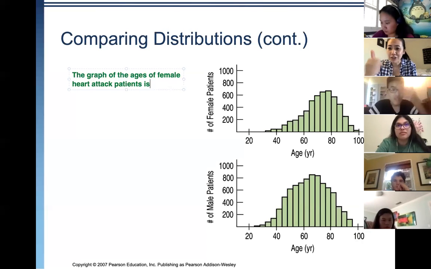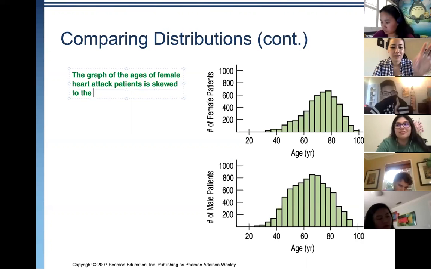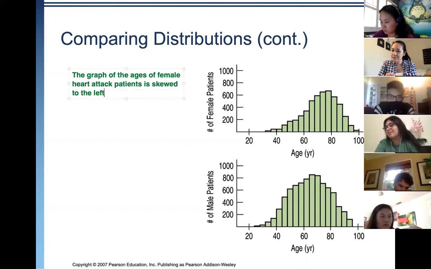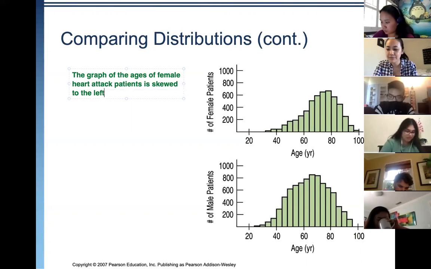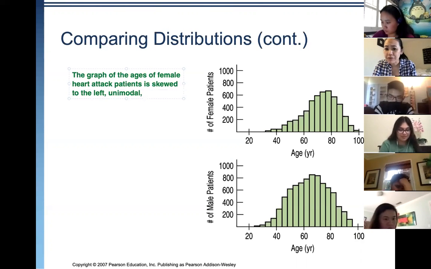Starting with symmetry, it is skewed to the left, right? Tails on the left, so it's skewed to the left. It's unimodal. There are no unusual features, no outliers, no gaps, so I'm not going to mention anything.